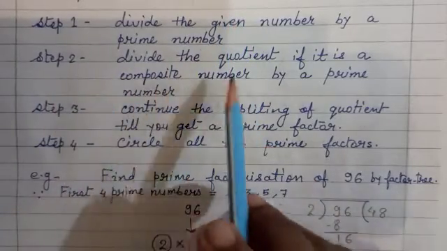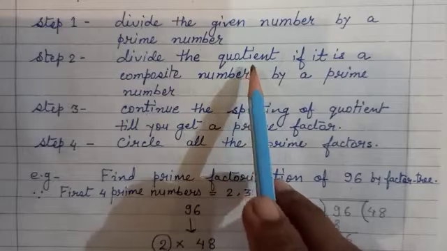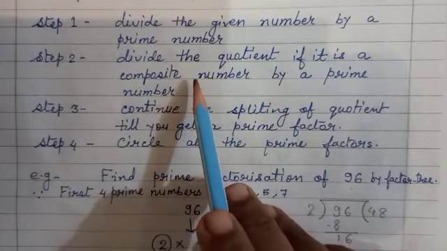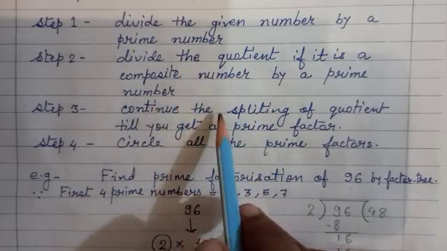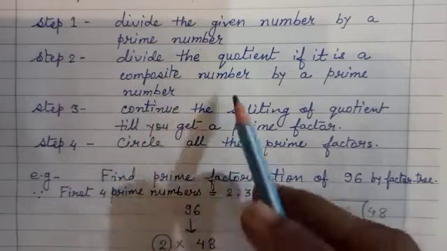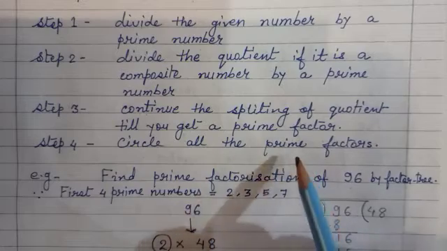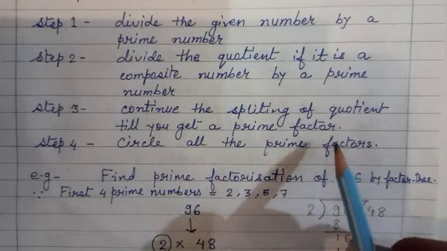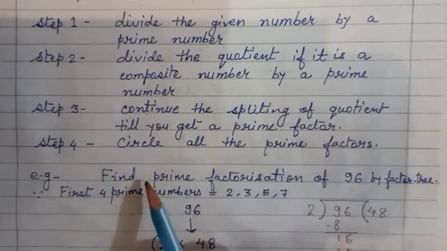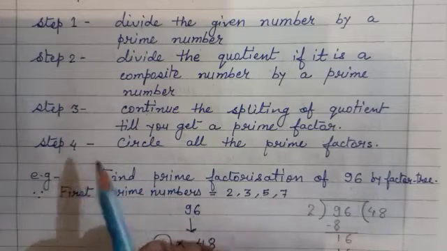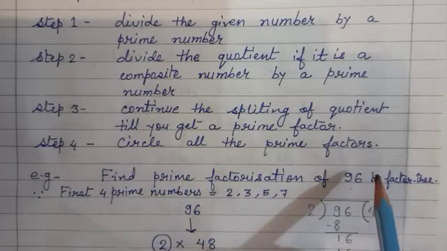Step 2. Divide the quotient. Whatever quotient you get, that quotient will be divided by a prime number now. And you have to continue this method till you get a prime factor as the quotient and as the divisor both. Step 4. Circle all the prime factors.